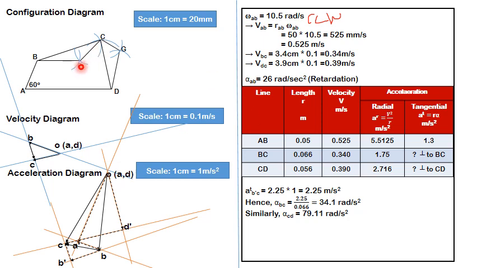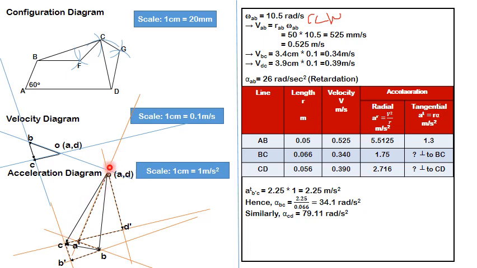Now, point F, point G, and point E. For these points, I need to calculate the linear accelerations. So I will show it for point G, and similarly you try it for F and point E. Now, if you consider this triangle CGD, the same triangle or equivalent of this triangle should be represented on line CD, which is here.